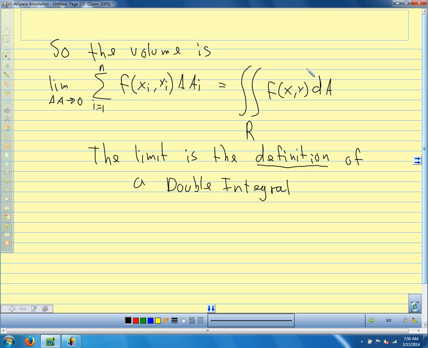And this double integral is the volume of the solid f of x y bounded by region R in the xy plane. So we're going to say the volume equals this double integral of f of x y dA.